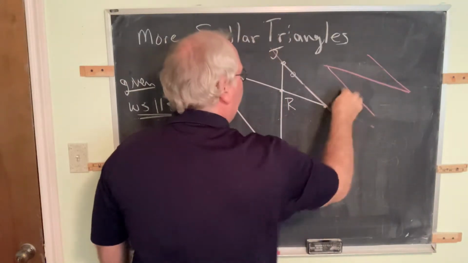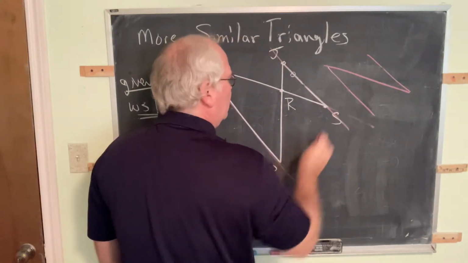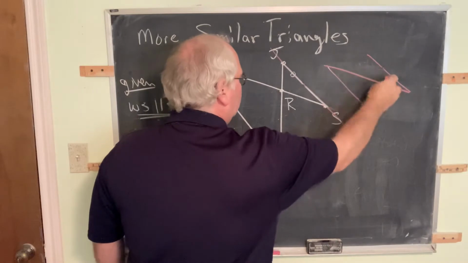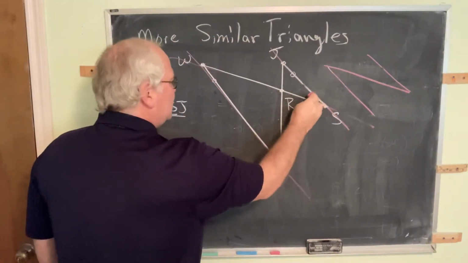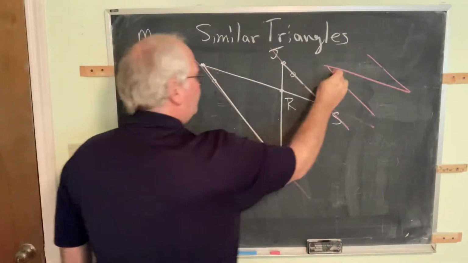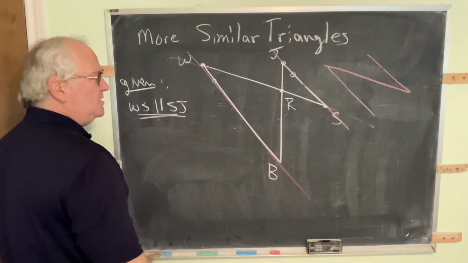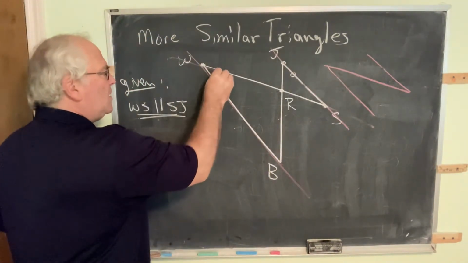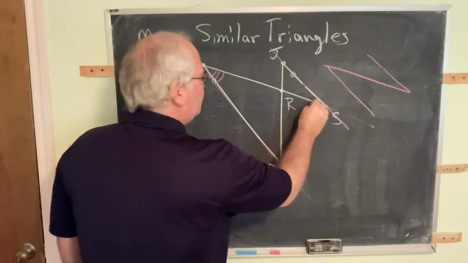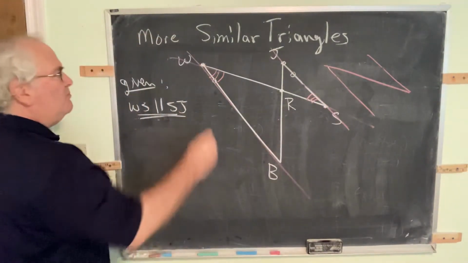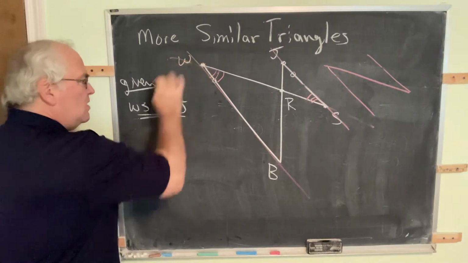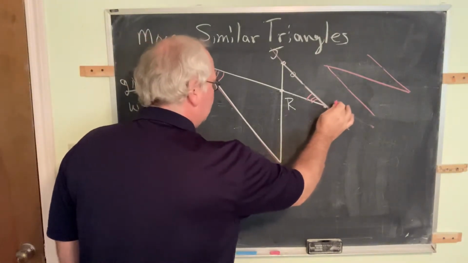So these lines are parallel, crossed by transversal. These two angles, angle at S and angle at W, those angles are alternate interior angles, and we know alternate interior angles are equal. So point W corresponds to point S.